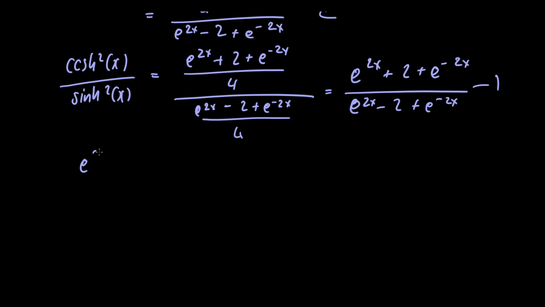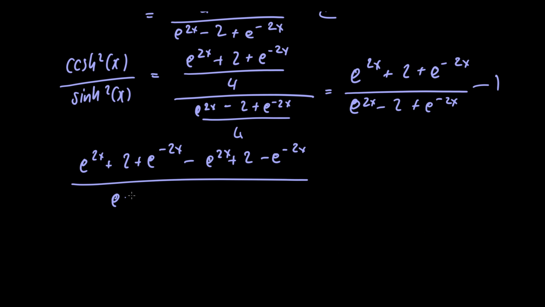So we're going to have e^(2x) + 2 + e^(-2x) - e^(2x) + 2 - e^(-2x), and this is all divided by e^(2x) - 2 + e^(-2x). All I've done here is cross multiply as we did before in the previous problem.